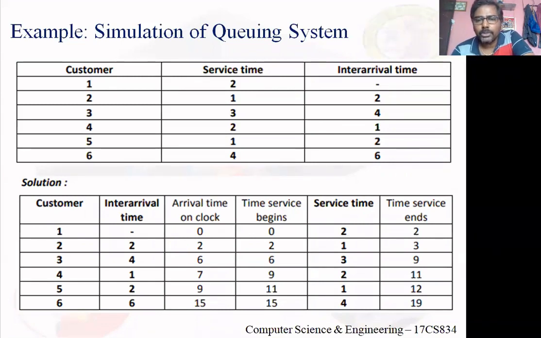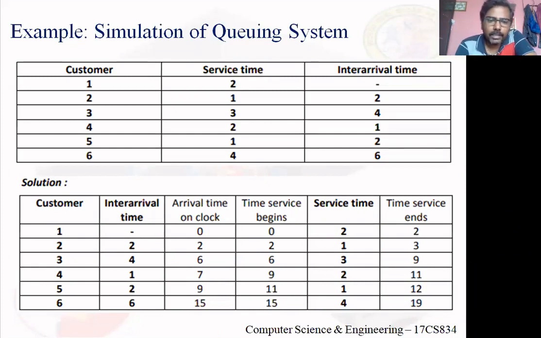So service for the fourth customer will begin at time 9. Got it?